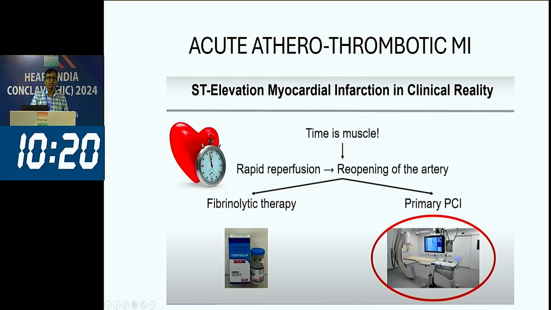We are seeing lots of cases of ST elevation MI, and time is muscle. Presently we have two types of therapy, fibrinolytic therapy or primary PCI, and the aim of both is to salvage the myocardium. With the availability of these treatments in a timely manner, we are able to salvage myocardium as early as possible.